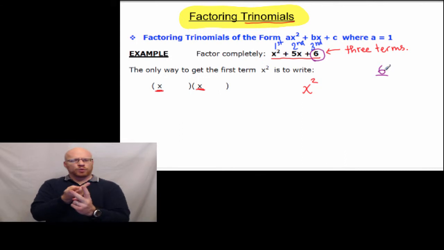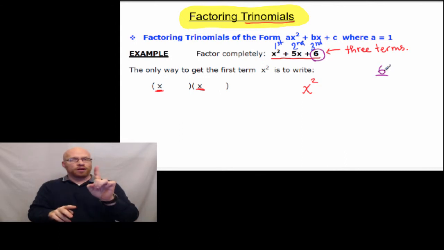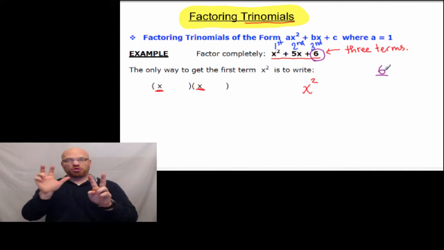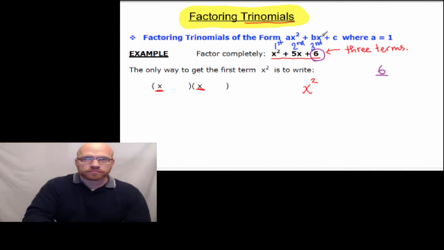Now, how does 6 come to be? What pairs? Well, 1 times 6 will work, and then 2 times 3 will work as well.